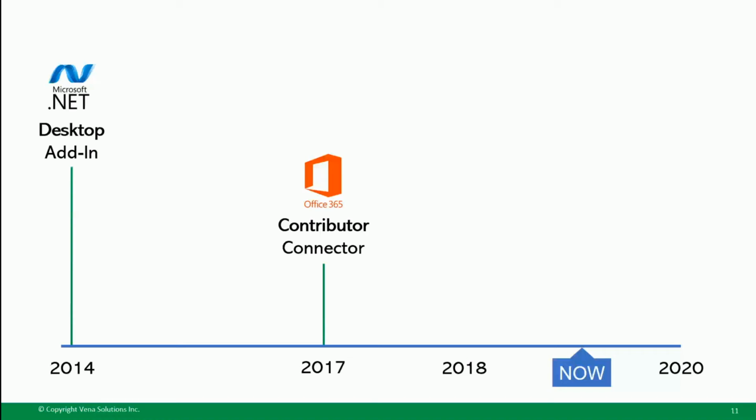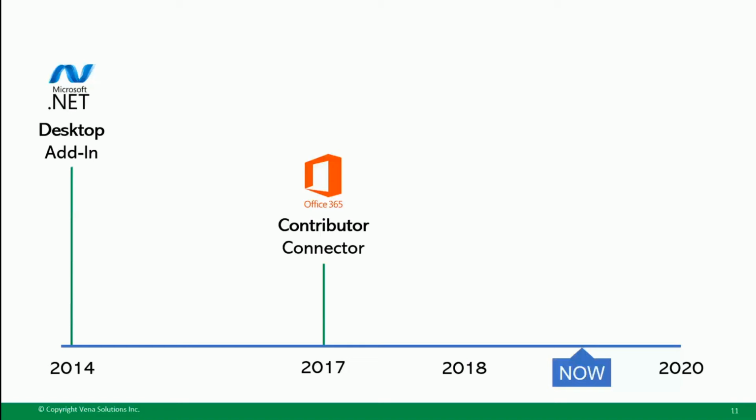Next, we had the opportunity to release ad hoc analysis. This is a tool that was a stripped down version of the add-in that allowed people to access their data much more quickly. And then currently, we're putting a whole ton of resources into our upcoming Office 365 add-in. That's still a working title. It'll probably be something snazzier by the time it comes out, but we're intending to release it in 2020.